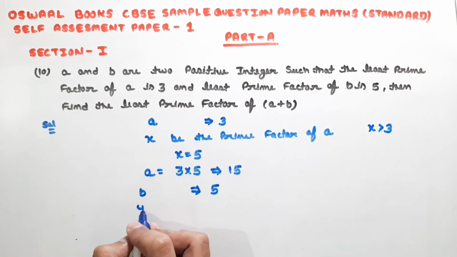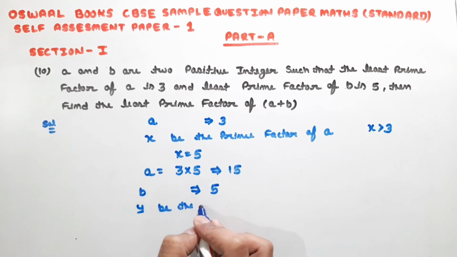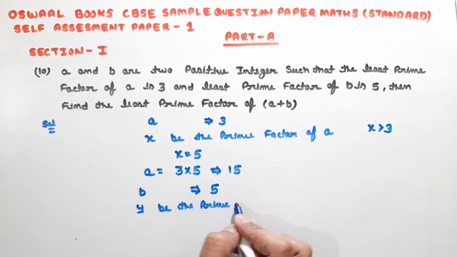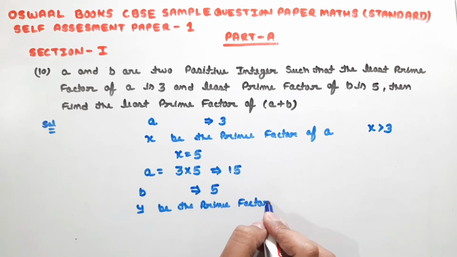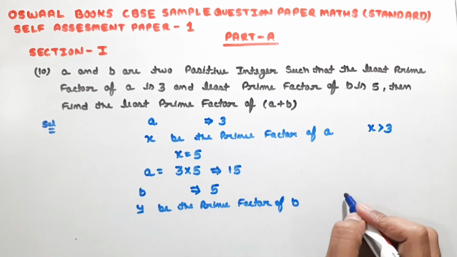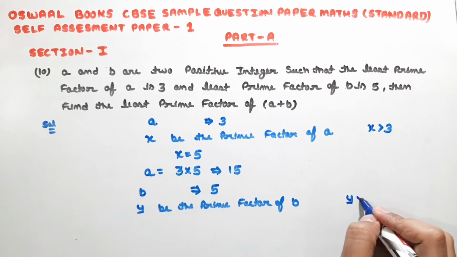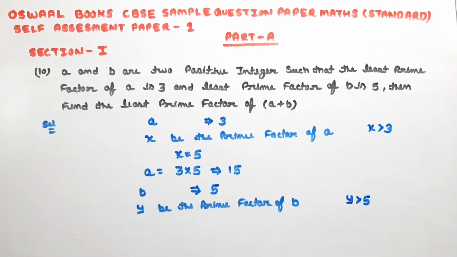So let y be the prime factor of B which is greater than 5, since 5 is the least prime factor of B. So let y equal 7. So B will be 5 into 7, that is equal to 35.